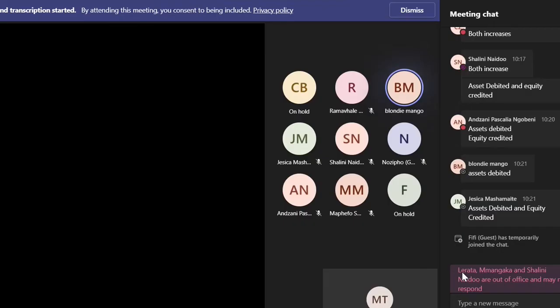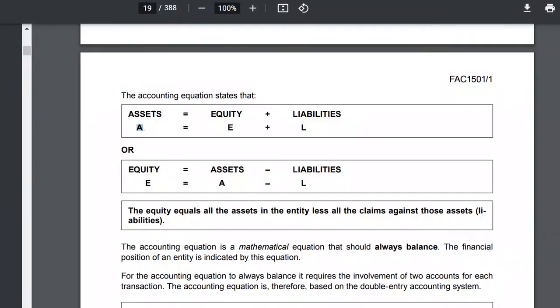Blondie, when you answer this, remember the first example I said, you need to put in your plus, your minus. So you need to tell me under asset, plus or minus, under equity, plus or minus 5,000.